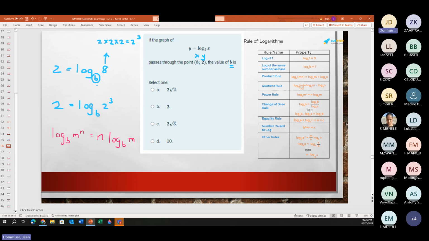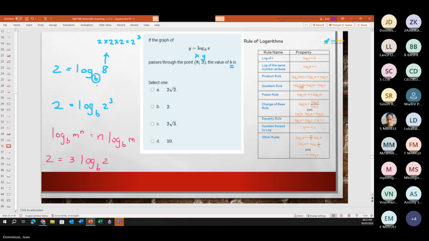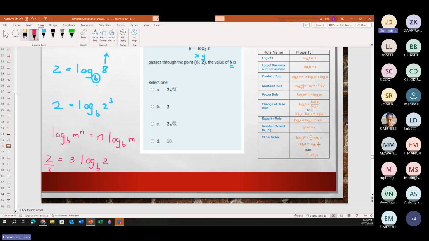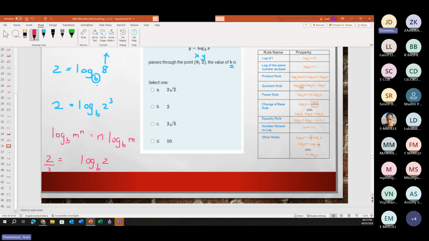Okay, so there's that one component. So we could have said 2 is equal to 3 times log b to the power of 2. So we can divide it. So that one will fall away. Okay, so that is what we have at the moment. 2 over 3 is equal to log b 2.